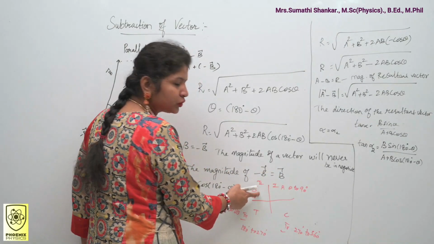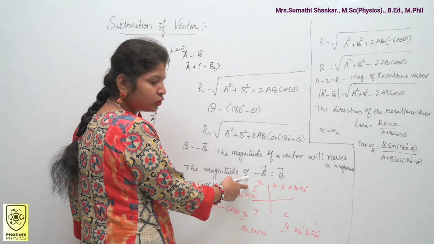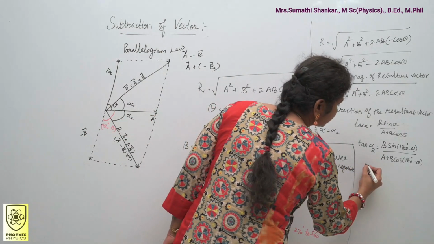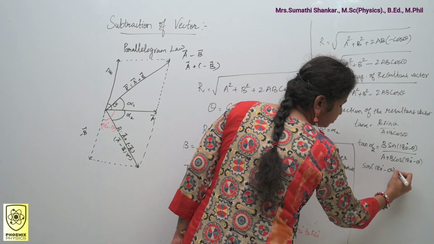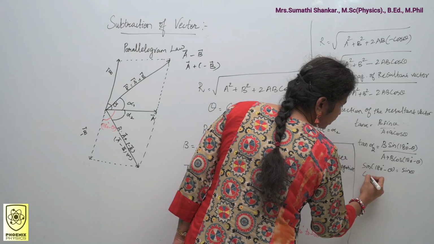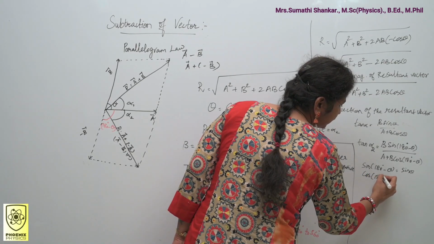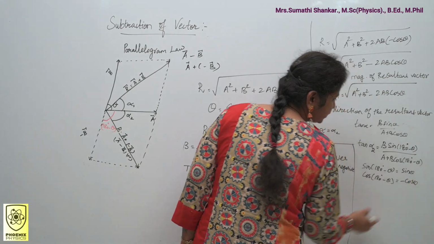So what is sin 180 degree minus theta? It comes under second quadrant. In this second quadrant, sine is positive. So sin 180 degree minus theta can be taken as sin theta. Cos 180 degree minus theta can be taken as minus cos theta.